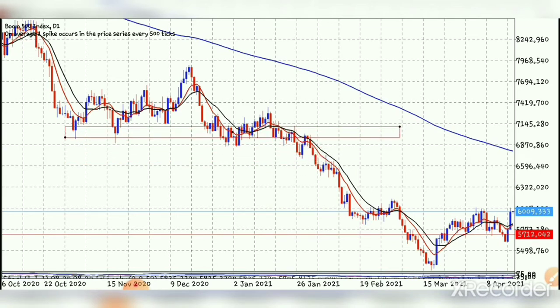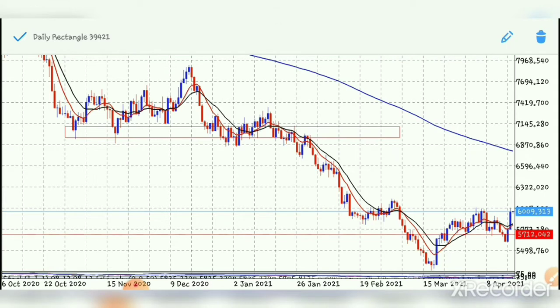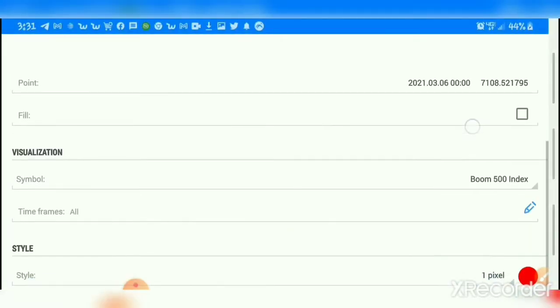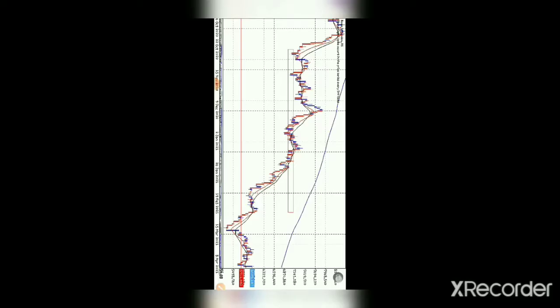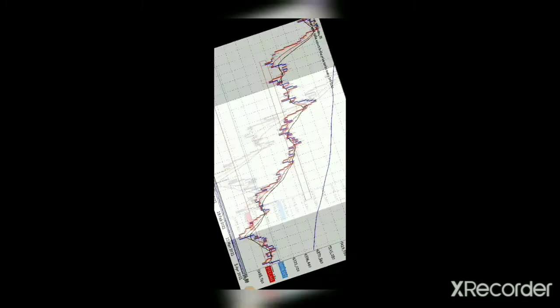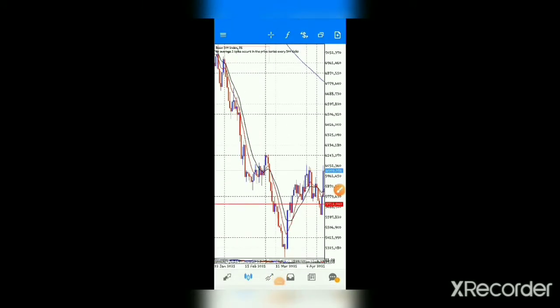Let me edit my line so that it can be visible. Trying to make the line visible, the box I mean.